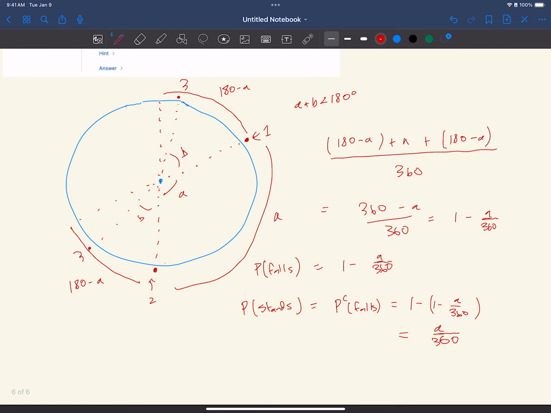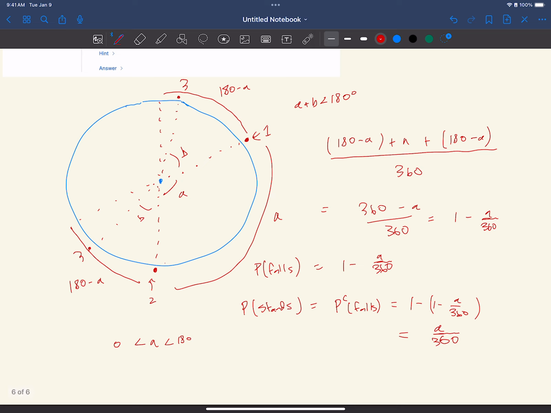Now we know that A can take on any value between 0 and 180. And we know that A is evenly distributed between 0 and 180, right? So the maximum distance between any 2 points on a circle is 180. So if we choose two random points around a circle, the chance that it's at any point between 0 and 180 is the same.